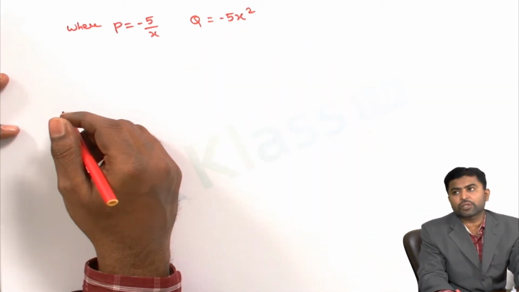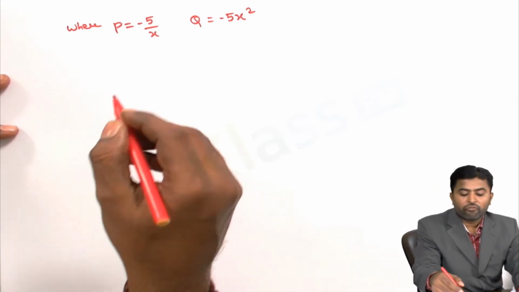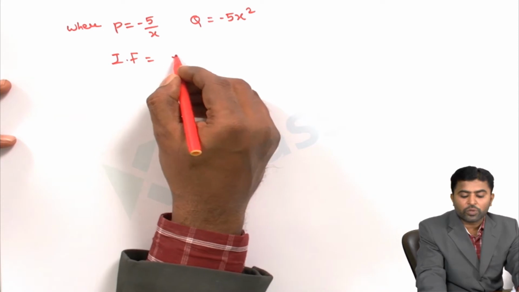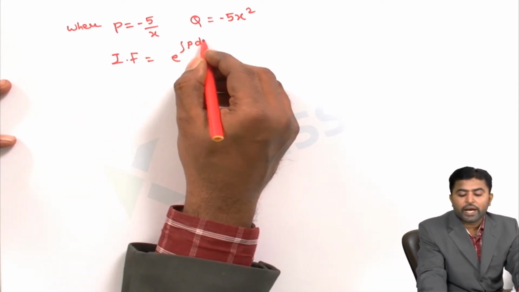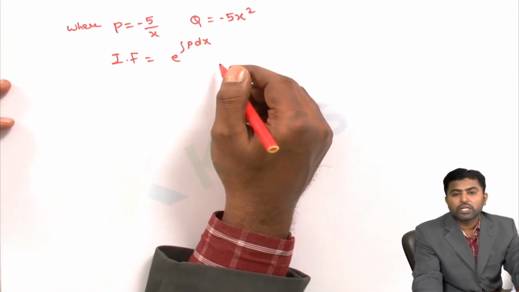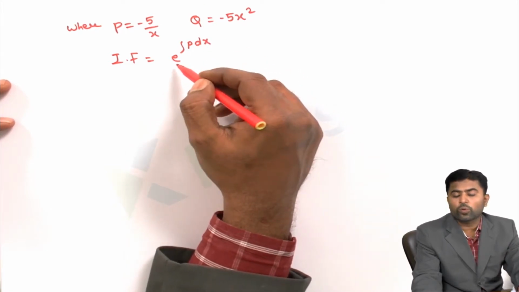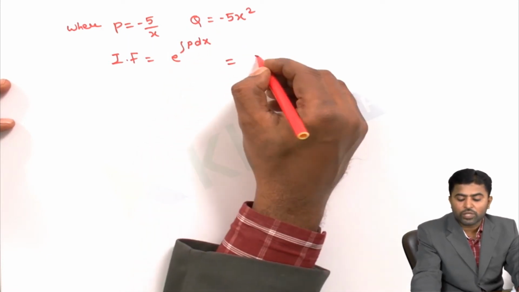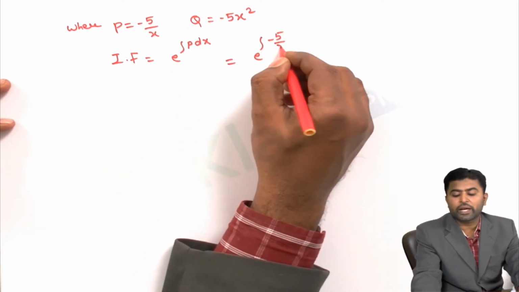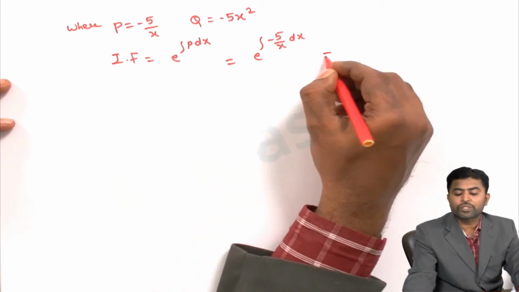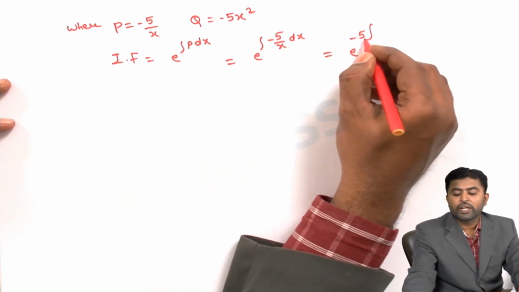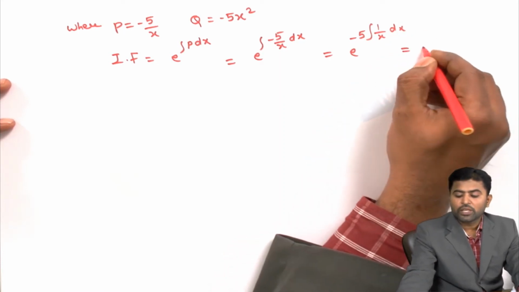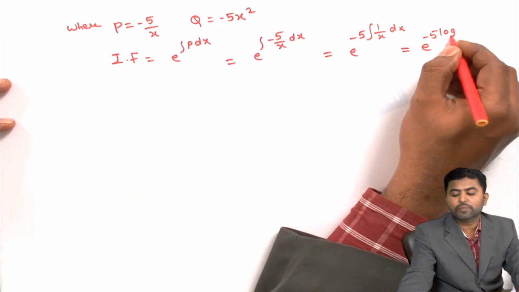So to find the general solution, first we have to find the integrating factor. Integrating factor is equal to e power integral p dx, because here t is depending on x, so the integrating factor will also be with x. So e power integral minus 5 by x dx, which is equal to e power minus 5 integration of 1 by x dx, which is equal to e power minus 5 log x.